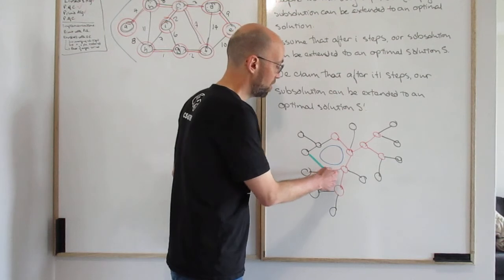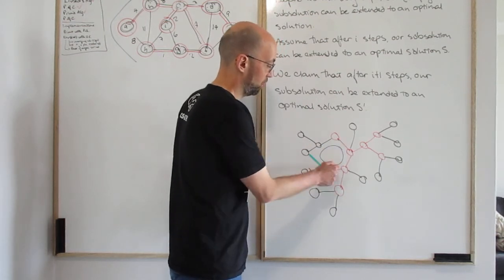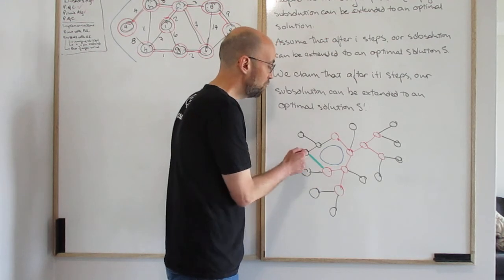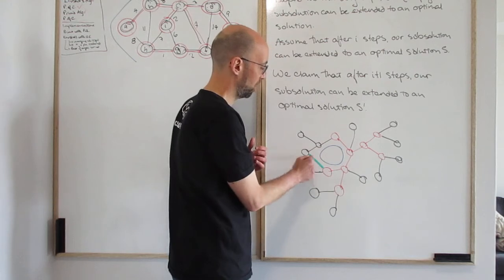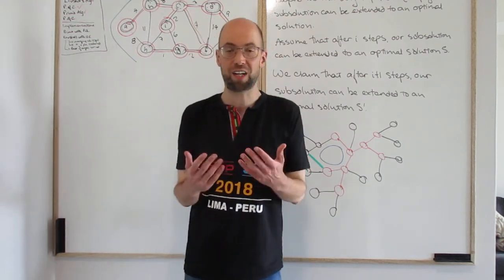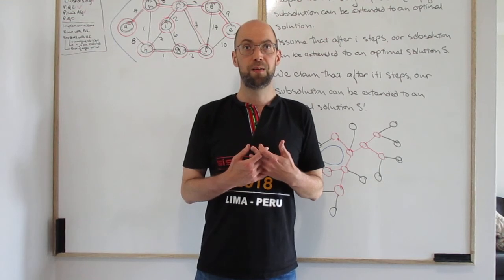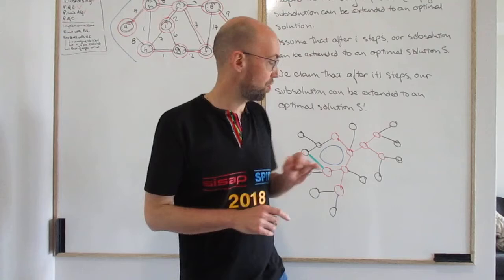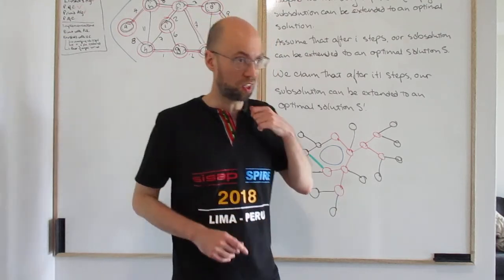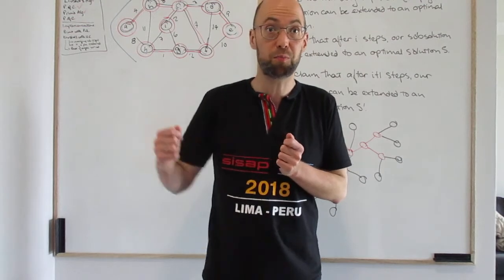Because the cycle includes stuff that's not in our tree so far, so it leaves the red tree, and it's a cycle, so it has to return to the tree. Okay? And this green edge we take leaves the tree, and the cycle has to have another edge that comes back.